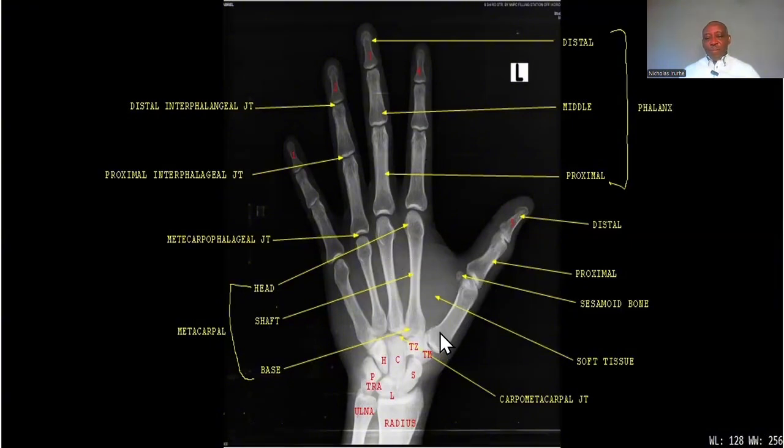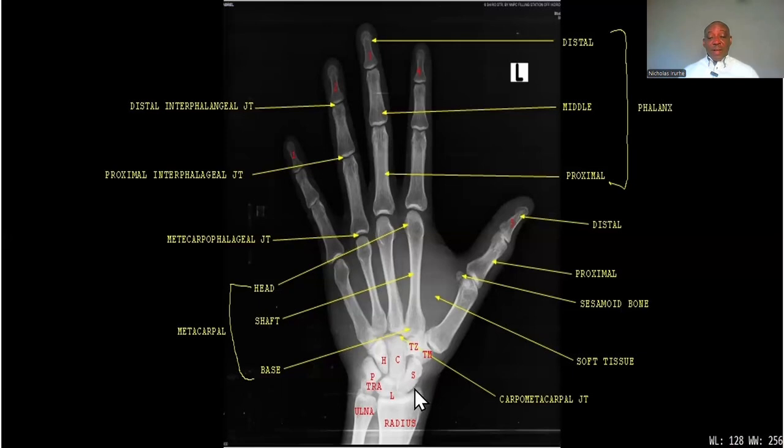So we'll now go further to talk about the joints. Like I said earlier, the first joint is the radiocarpal joint, which is formed between the radius and the carpal bones, and more with the scaphoid and lunate. What we are seeing here, this lucency that's like a curve, is the joint.